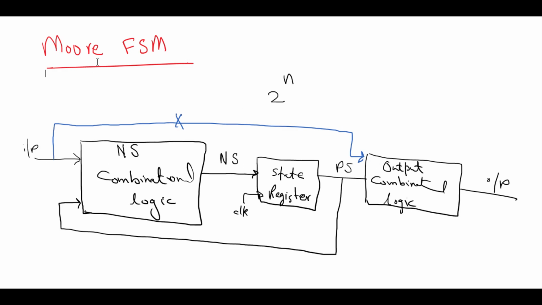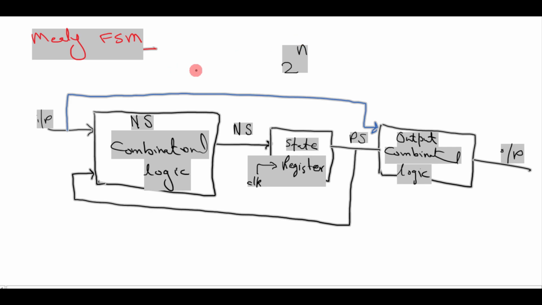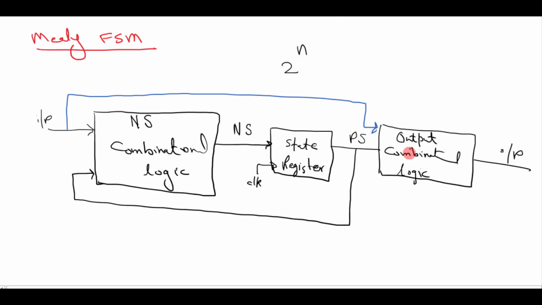In Moore type finite state machine, your output combinational logic only depends on present state. So this is the block diagram of Moore finite state machine. The only difference is output combinational logic only depends on present state, whereas in Mealy type state machine, your output combinational logic depends on input as well as present state.